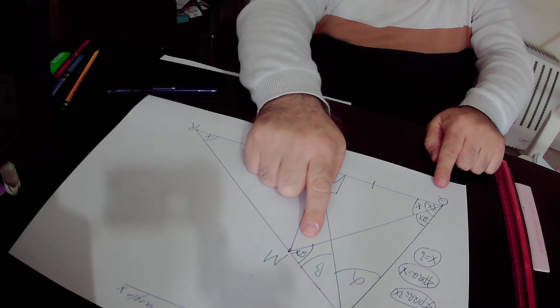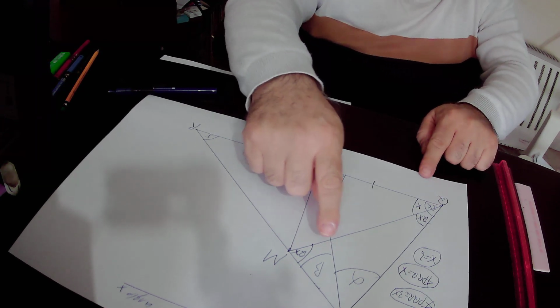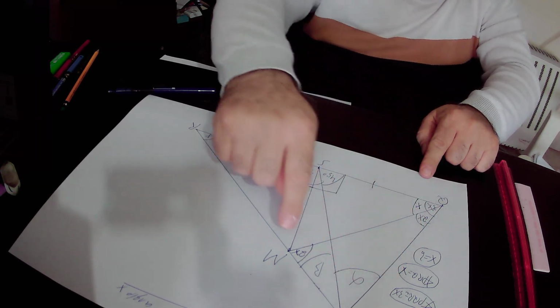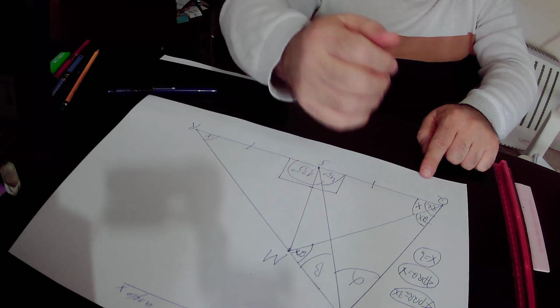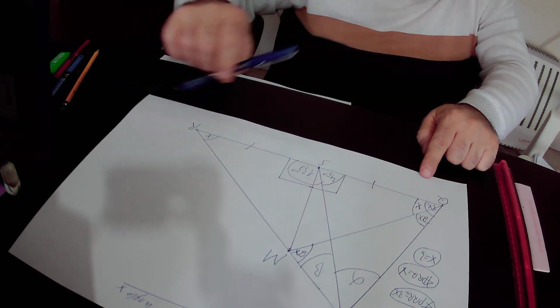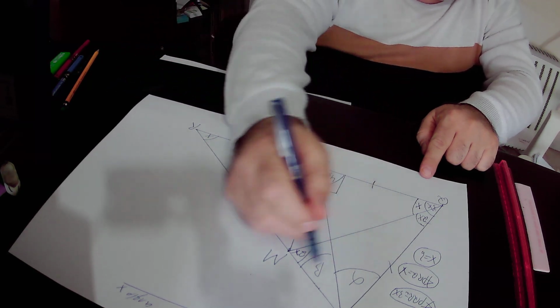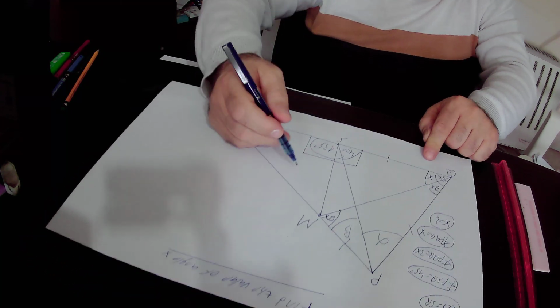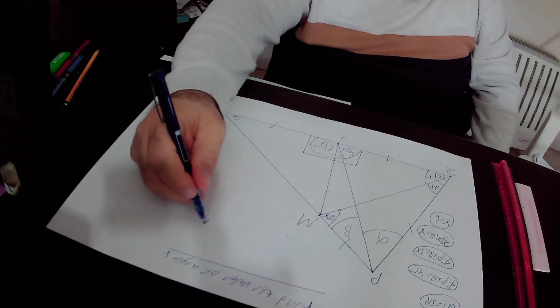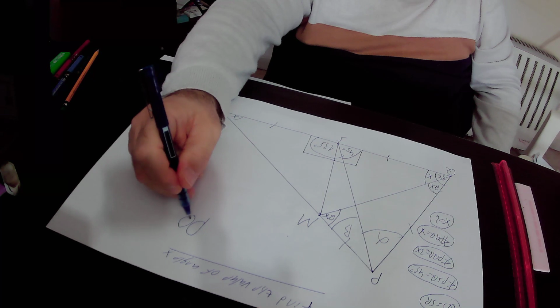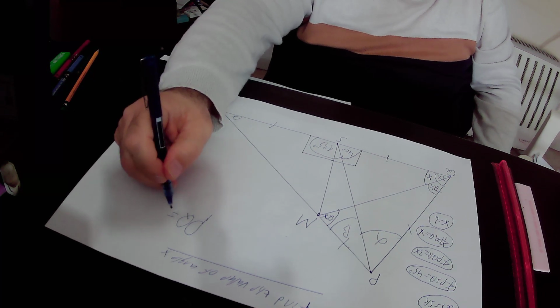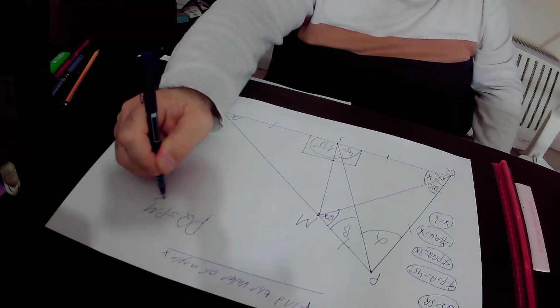The two sides opposite those two angles are PQ and PM, and according to the rule, they are equal to each other. That is to say, PQ equals PM. So we found that PQ equals PM. I write it down, PQ equals PM.